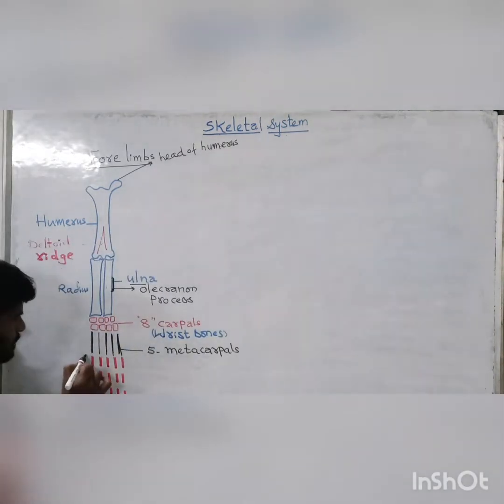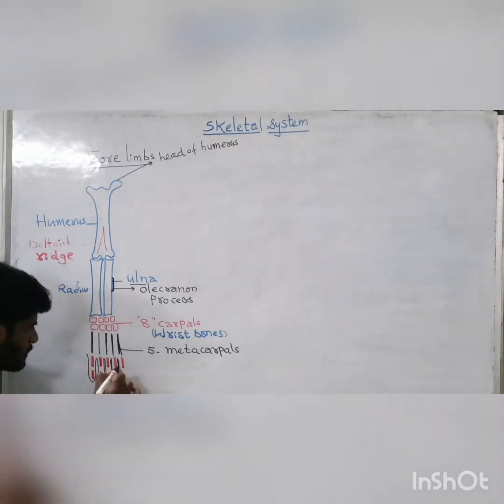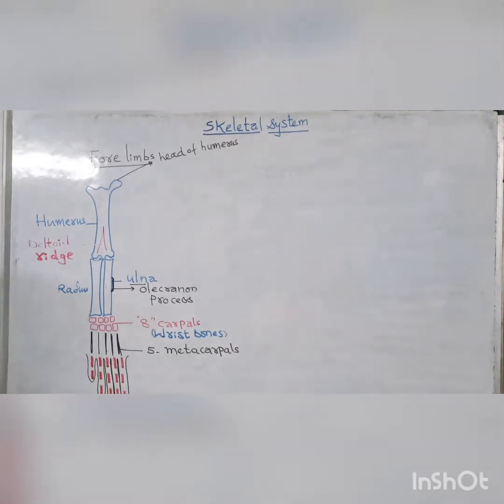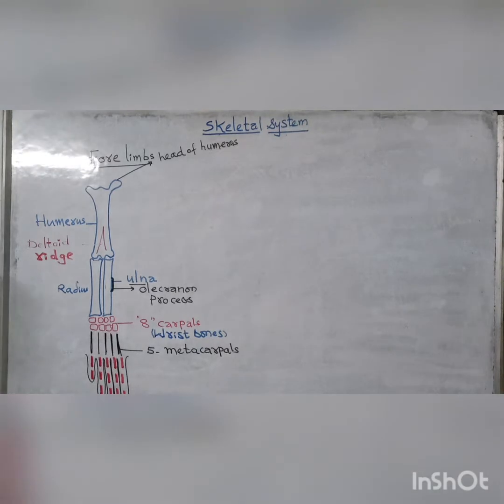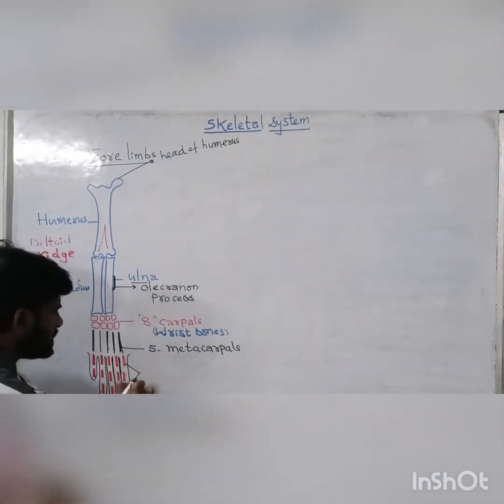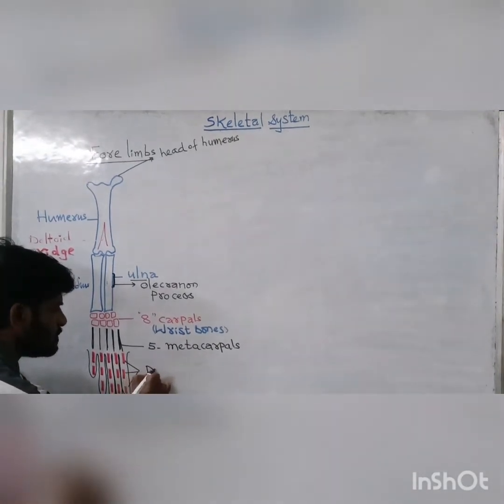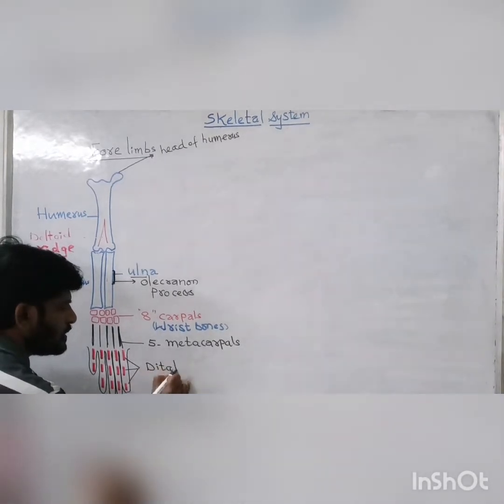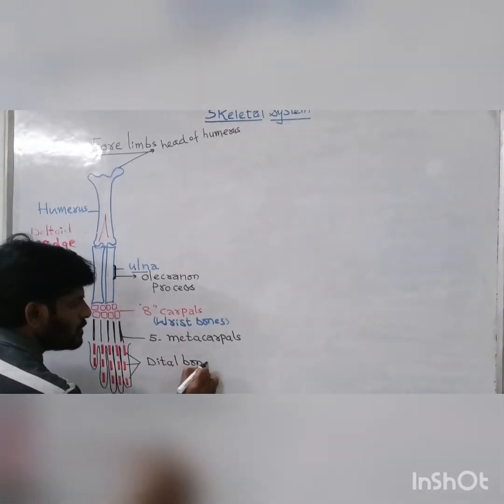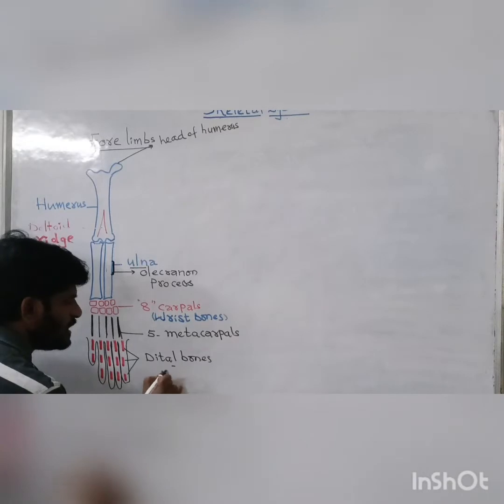This is the first digit, thumb, second digit, third digit, fourth, and the fifth. The bones present inside the hand are called the digital bones or phalangeal bones.